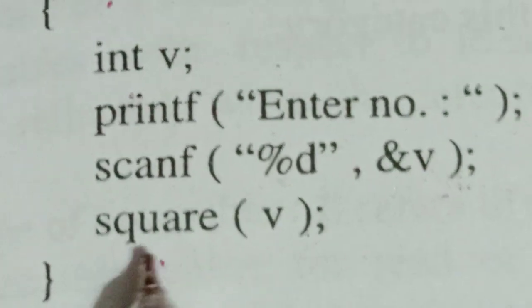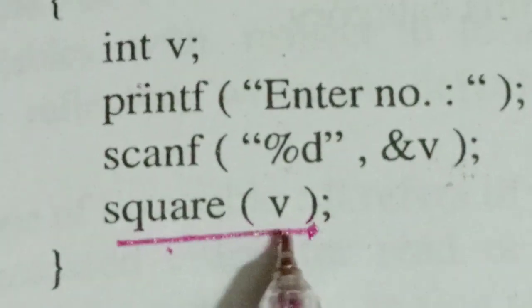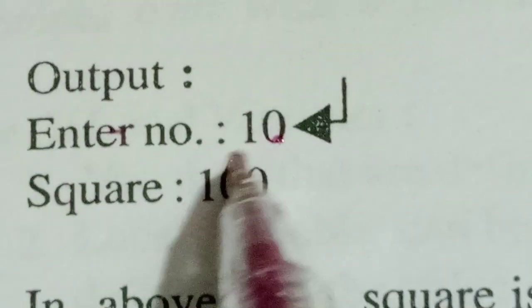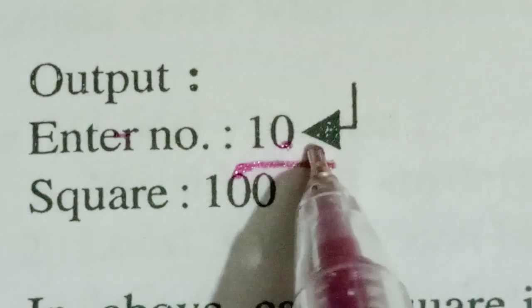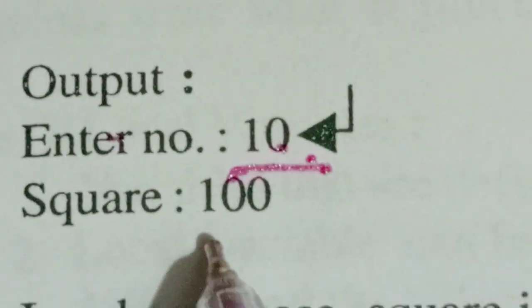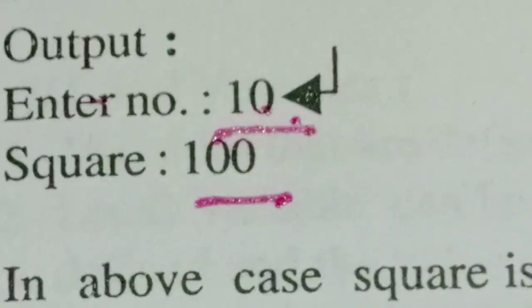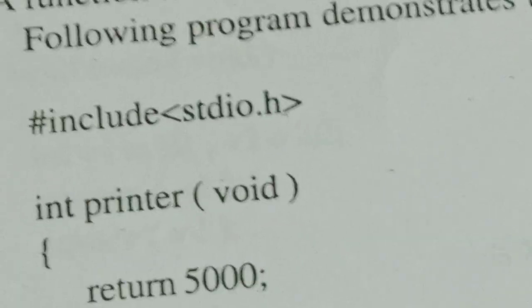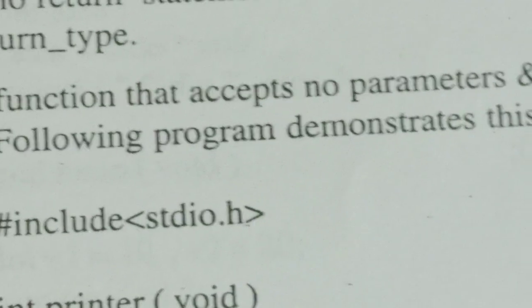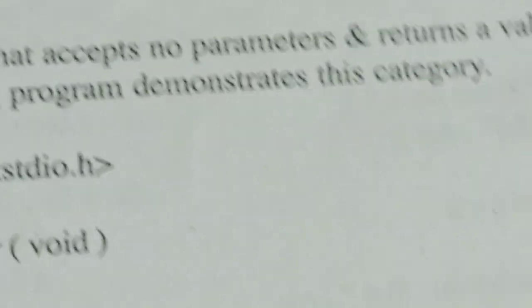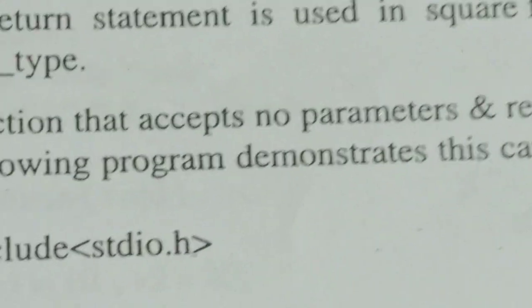Then we are calling the square function and passing the value of v. This is the output: enter number 10, and suppose we enter 10, then what is the square of 10? It is 100. Okay. So next we will be seeing a program for a function that accepts no parameter but returns a value.